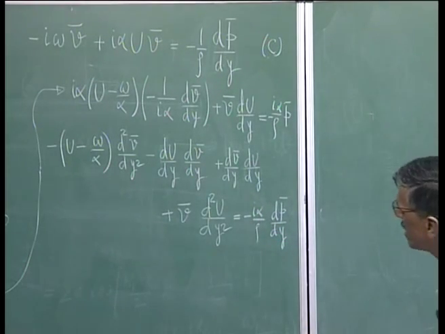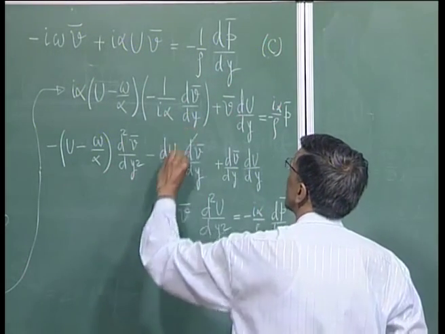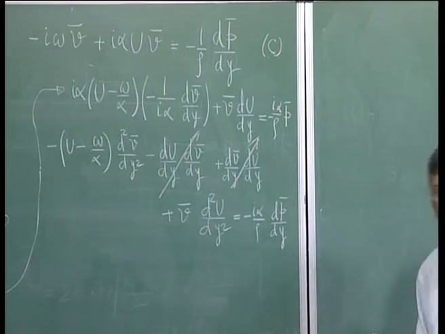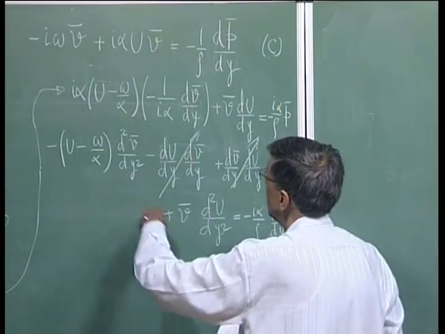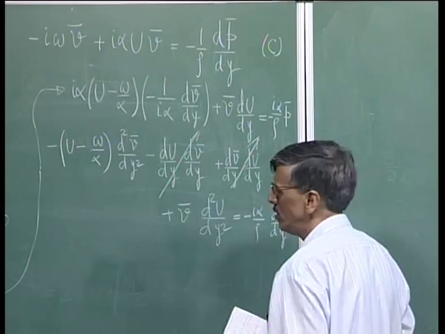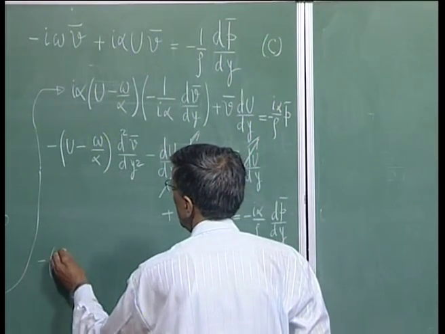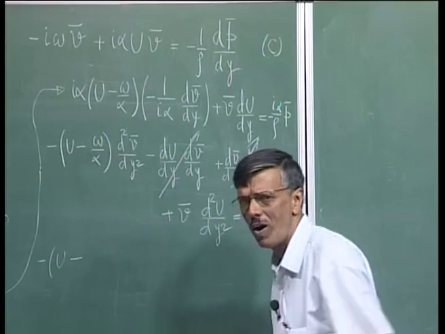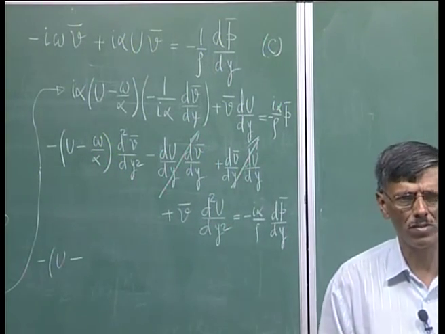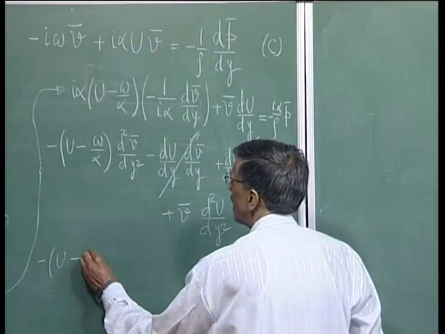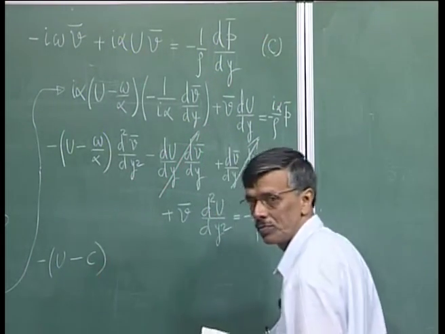So of course you can see these two terms cancel out, and then you get this expression, minus of u. What is omega by alpha? Omega by alpha is the phase speed. That's the definition of phase speed. So I'll write it as u minus c.